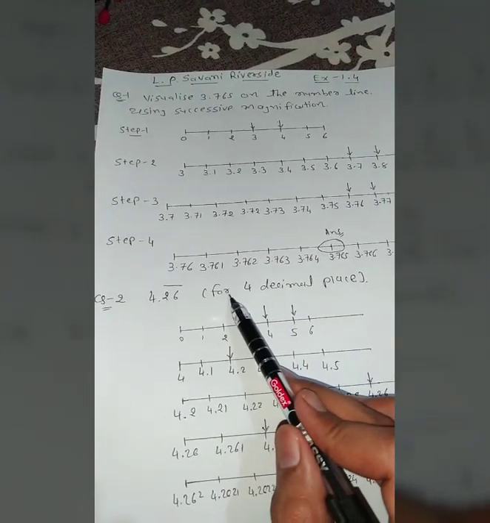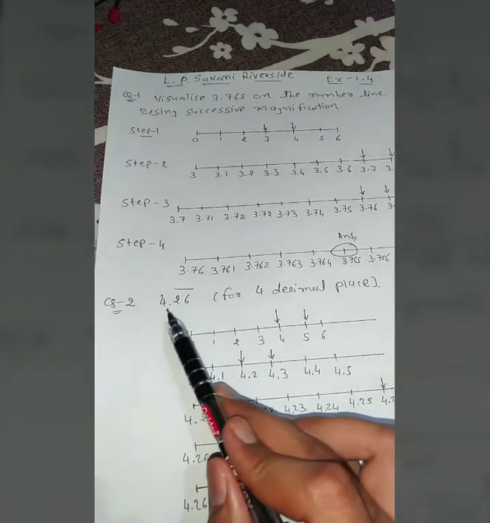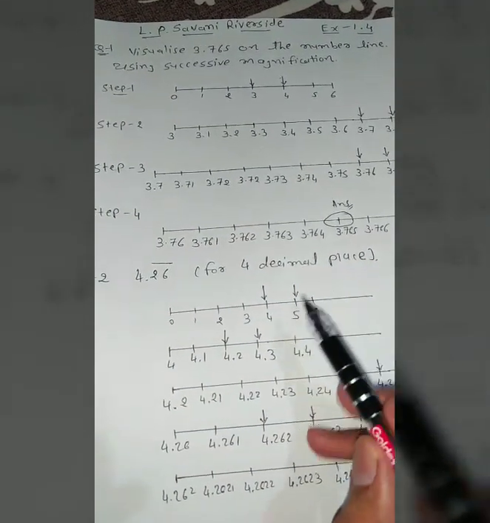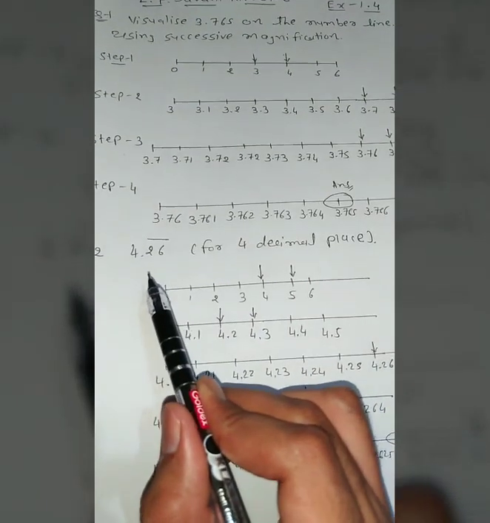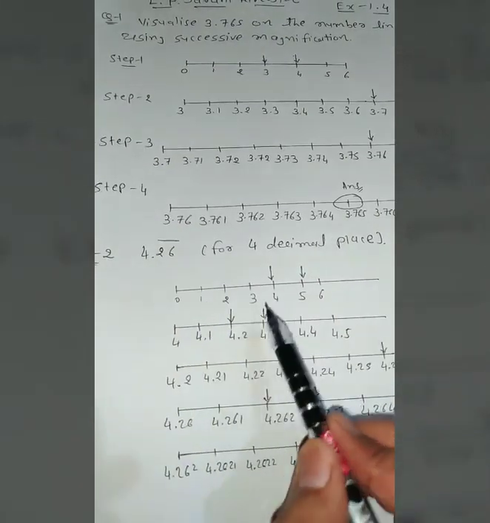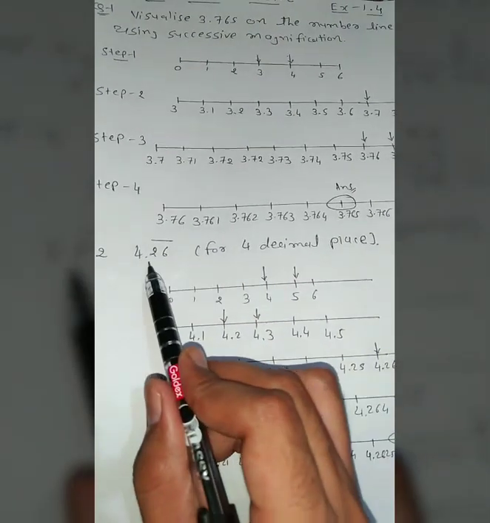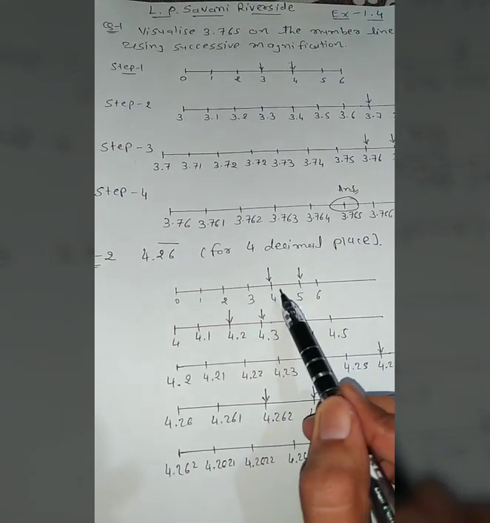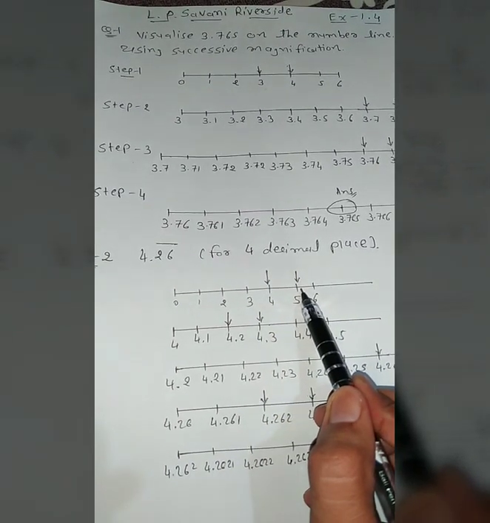So I want to find 4 decimal places, meaning 4.2626, on the number line. First of all, I decide that 4.26 lies between 4 and 5, because 4.26 is greater than 4 and less than 5. So I indicate 4 and 5 on the number line.